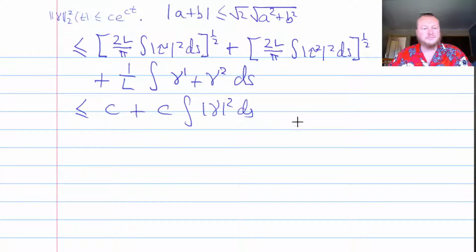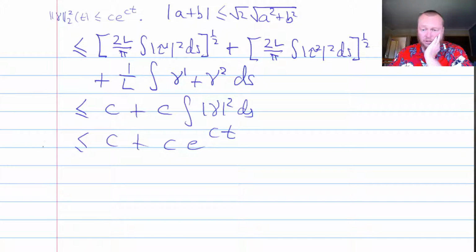Put this here. So we can estimate this by this. So we get constant plus constant e to the constant t. And now let's recall what's on the left. On the left, it's gamma infinity.